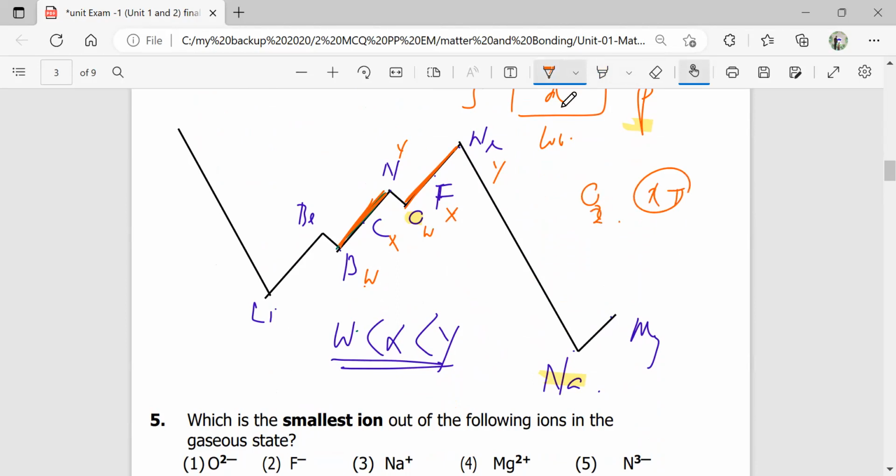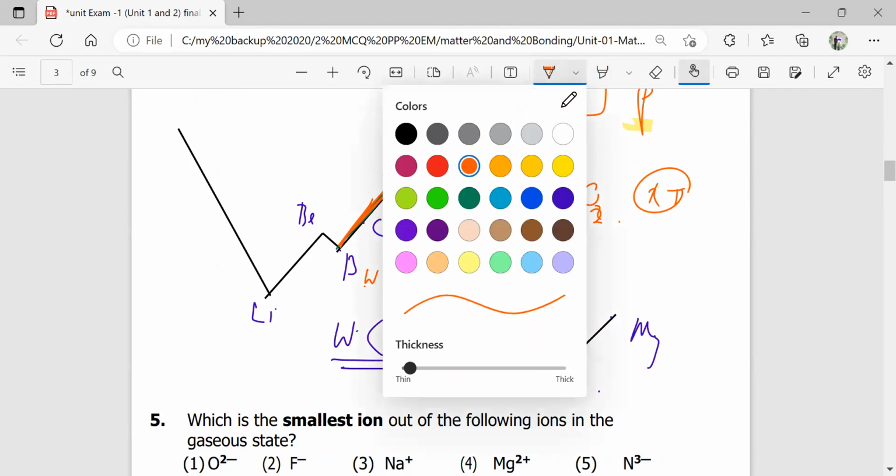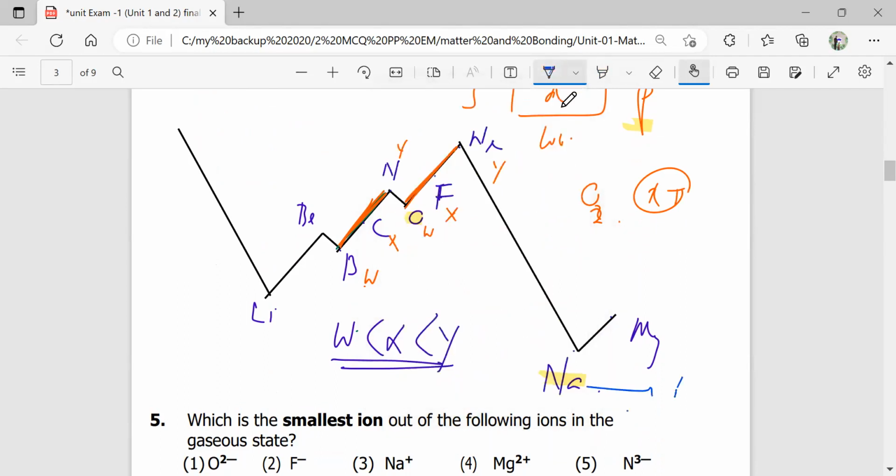But remember that even sodium may become Na2. Compared to oxygen, Na2 is not the most suitable answer. Oxygen should be the most suitable answer. Sometimes they may argue to give sodium also, but I think it is preferred to give the oxygen answer. There is a possibility in different conditions; you can have sodium even as a diatomic molecule.